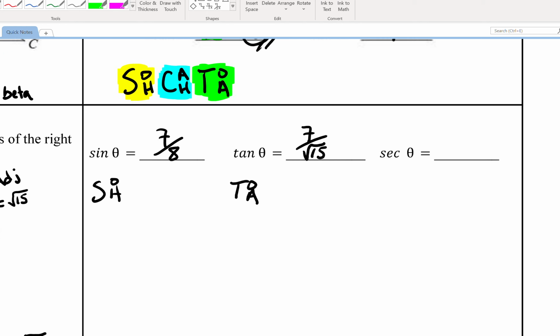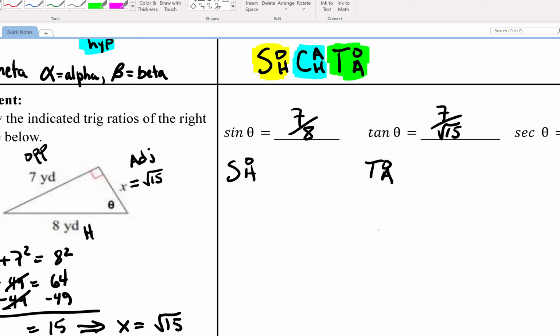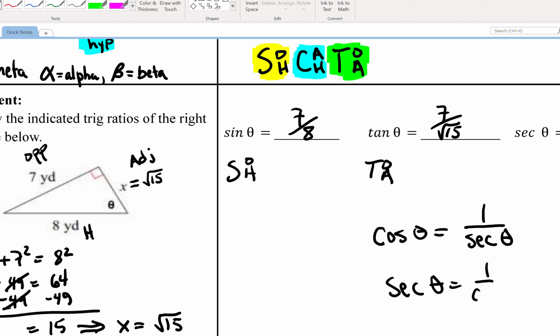The secant that they've asked us for, remember that the cosine of theta is equal to 1 over the secant, and vice versa. The secant of theta is equal to 1 over the cosine. They are reciprocals of each other.